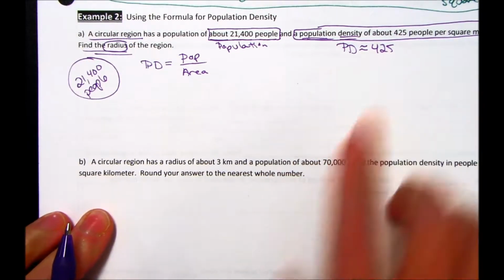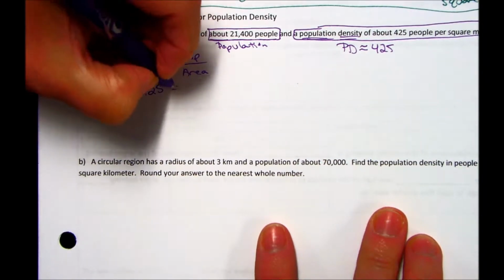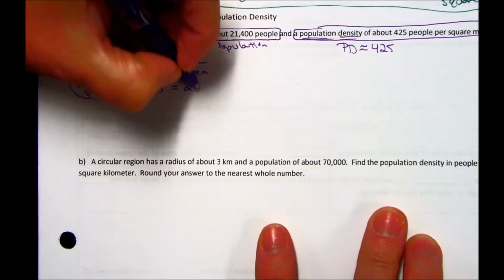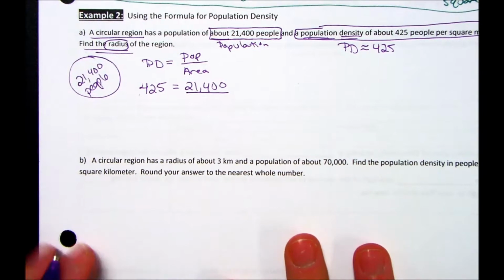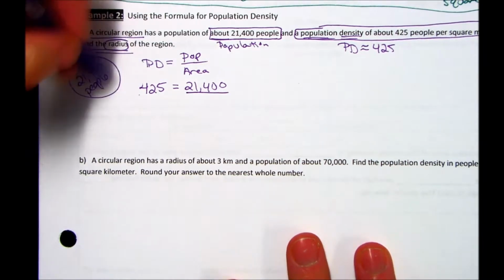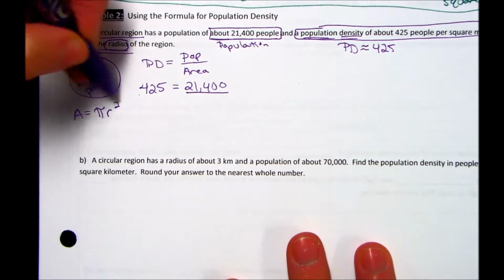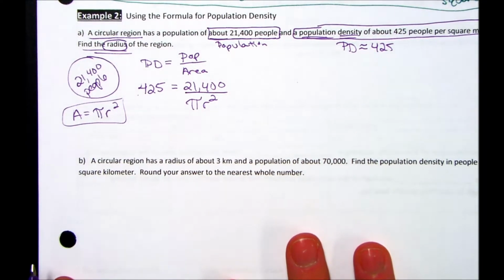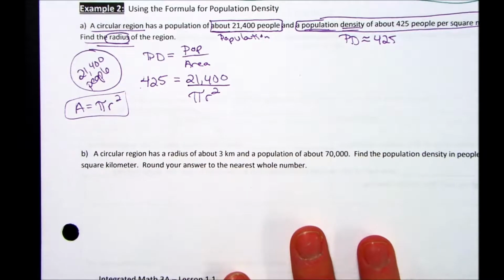So your population density is 425 equals the population, which was the 21,400, divided by the area. Well, we don't know what the area is. The only thing we do know about the area is that it's a circular region. So the area of a circle is equal to pi r squared. So we can put pi r squared down here. And now our problem is, how do we solve for r?